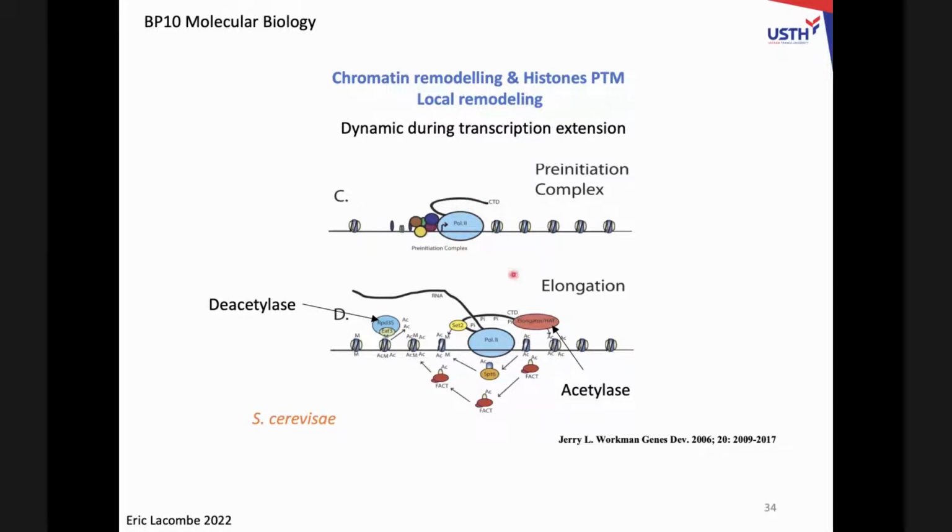And then the next step, which is not on the previous slide, is how this complex can move, can slide. The sliding is done by acetylation in front and deacetylation at the back, like a window of decompacted chromatin that is moving with the Pol. Is it okay?